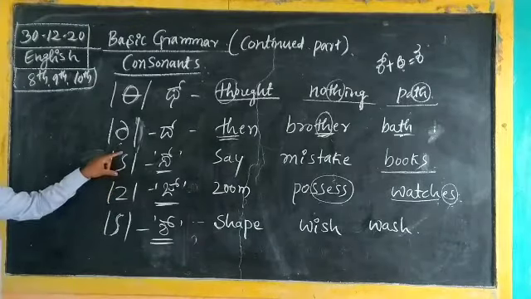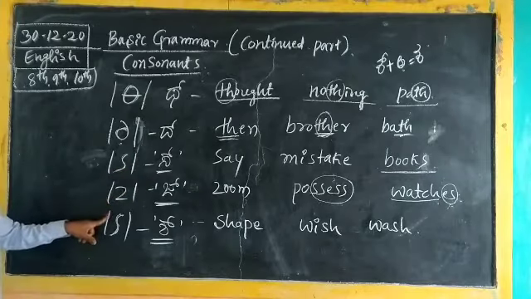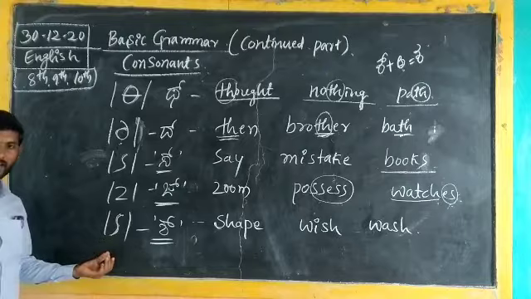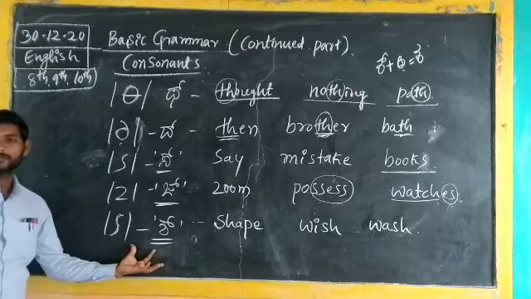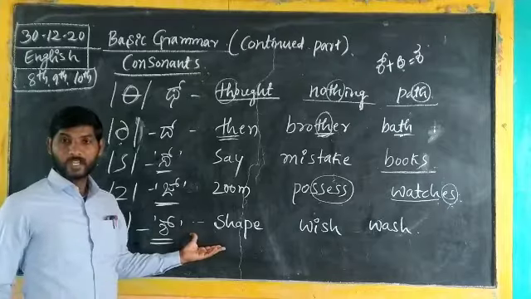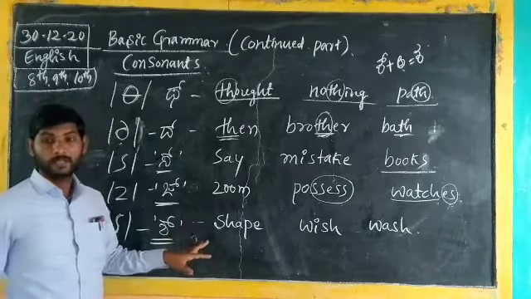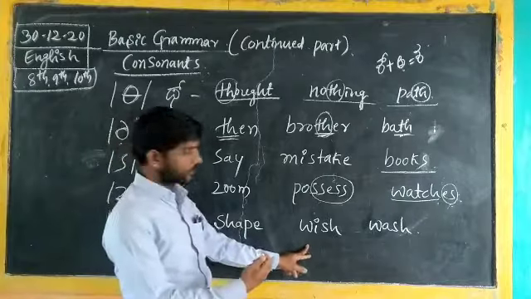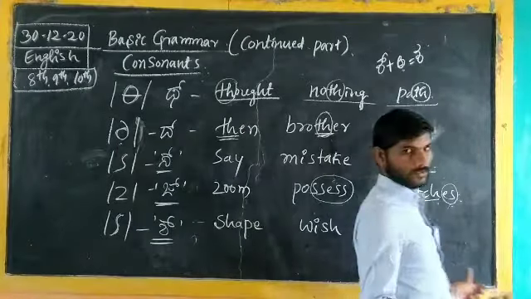One is short in length, the other's letter shape is long. That's why we can easily identify this is sh. So how can we pronounce it? Shape, not "sape". Shape, wish, sh pronunciation is there. Finally, wash.